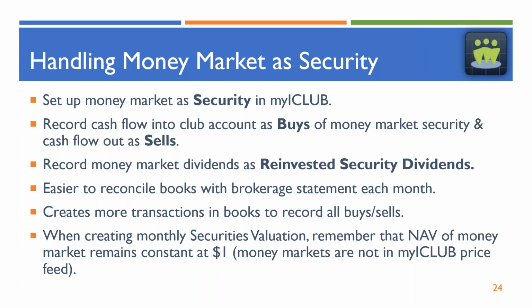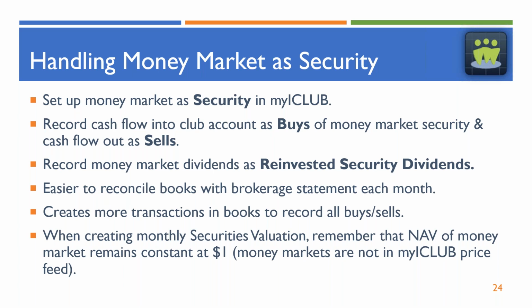While the cash entries are easier to make and record in the club books, we think that, at least the way the brokers are listing money markets on their statements these days, it may still be easier when you're reconciling at the end of the month if you've got it set up as a security. Again, it will create more transactions. You've got the buys and the sells instead of just a simple transfer. But that's one of the things that you get for treating it as a security.